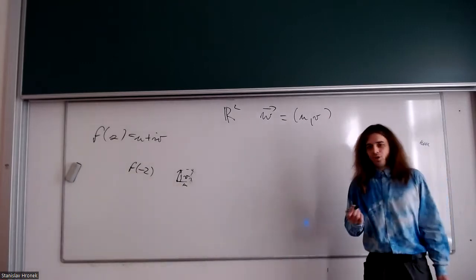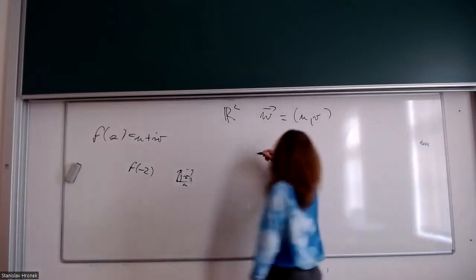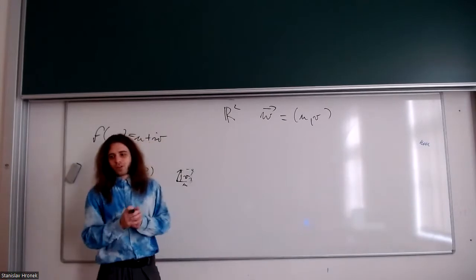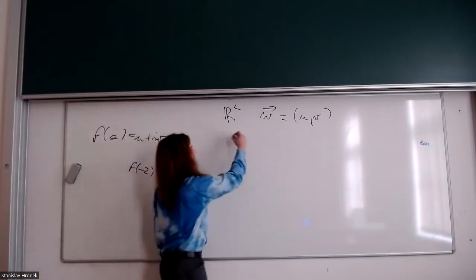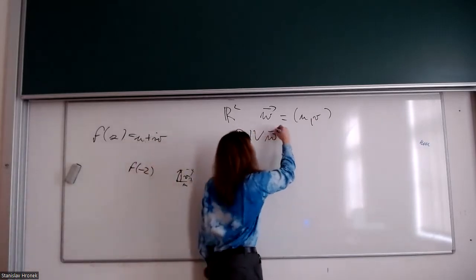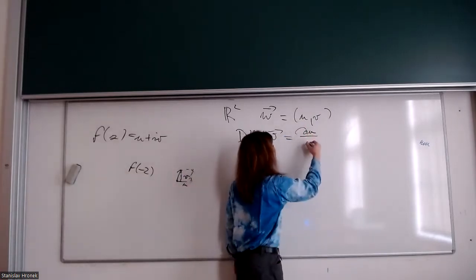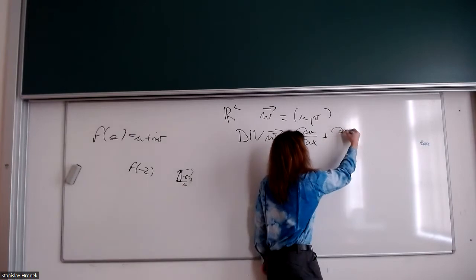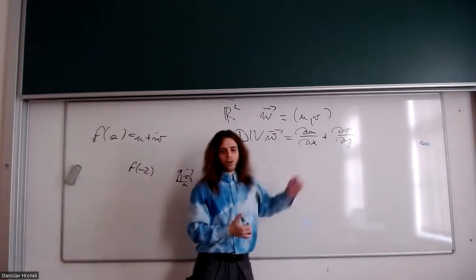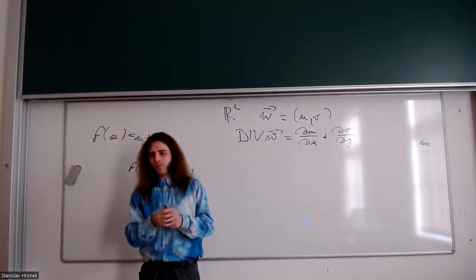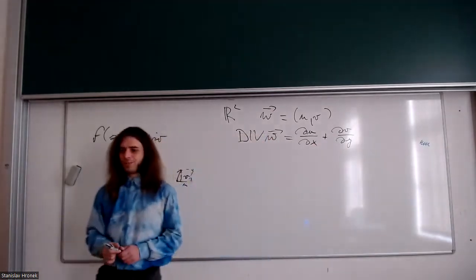Now, of course, you know that we can calculate some things for this vector field, and one of those things is the divergence, which says how much of the fluid is going out of the particular point. So if we take the divergence of this vector field, which is just the derivative of the first component with respect to the first coordinate and the same for the second, then we get a measure of how much fluid is coming out of every single point if we just plug in the coordinates into this expression.